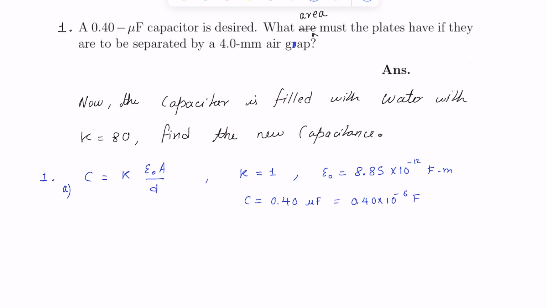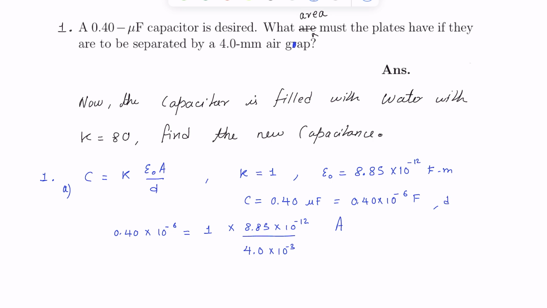So I'm using the capacitance value here, kappa is 1, epsilon naught is 8.85 times 10 to the minus 12, area, let's call that A, and D is 4.0 times 10 to the minus 3.